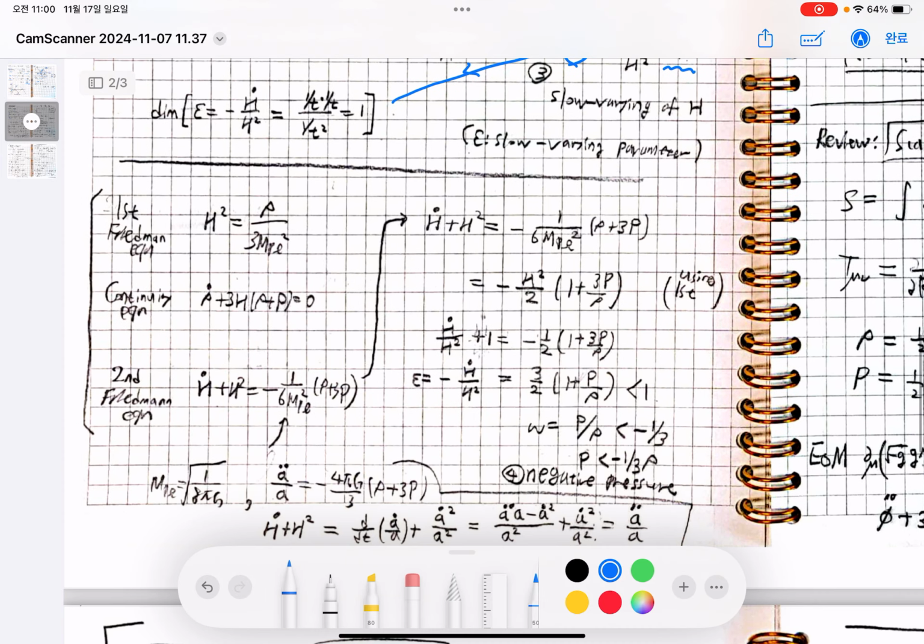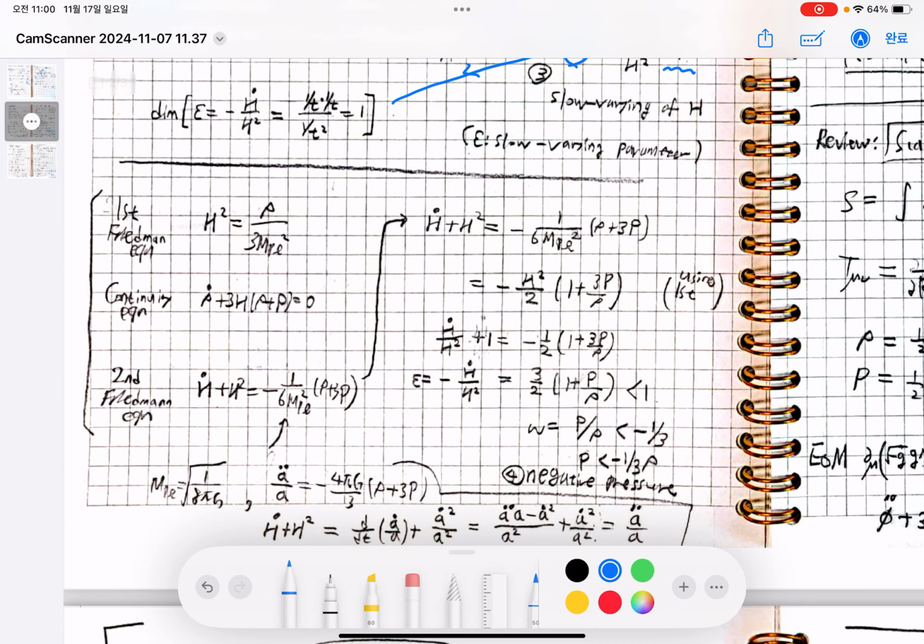And there is also an additional equivalent condition by using the Friedmann equation, the first Friedmann equation, the continuity equation, and the second Friedmann equation. Among them, only two are independent here, and the second Friedmann equation can be obtained in this process. Hubble dot and Hubble scale actually becomes a double dot over a. And if we insert the first Friedmann equation into the second Friedmann equation, then we can obtain the continuity equation.